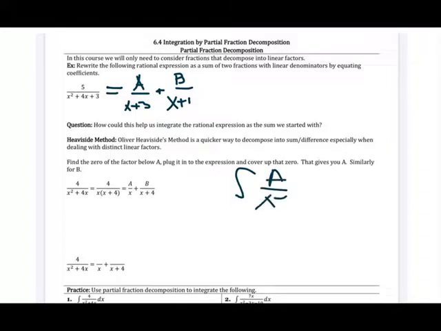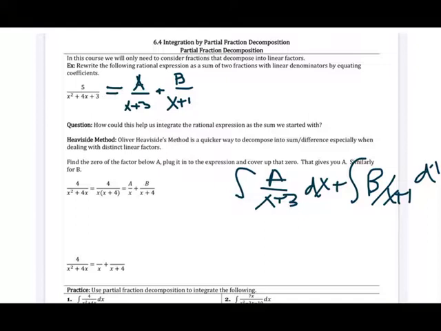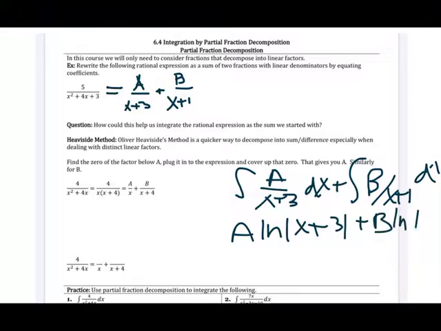I can split that up into two integrals, over x plus 3 and over x plus 1 dx. And then I'm just going to get a natural log absolute value of x plus 3 plus b natural log absolute value of x plus 1 plus c.